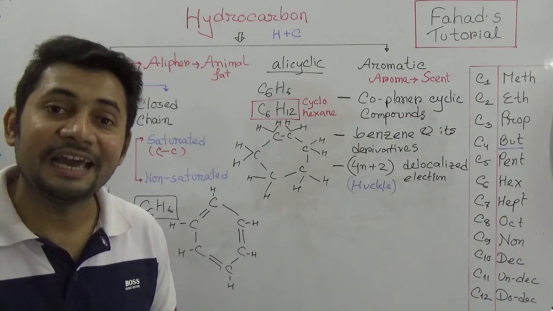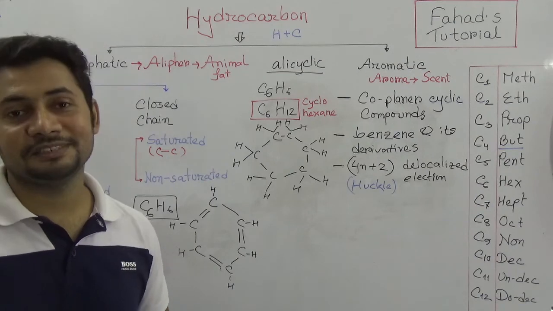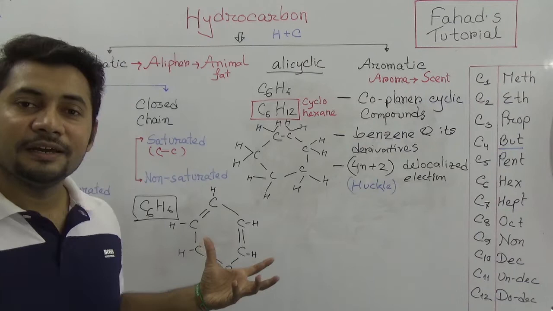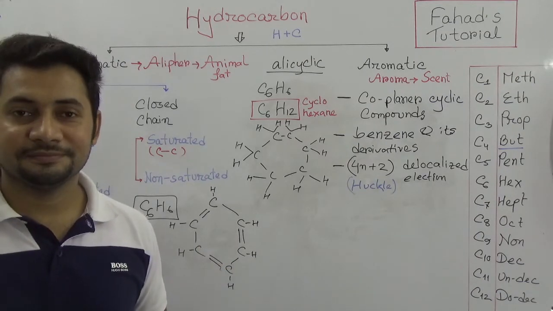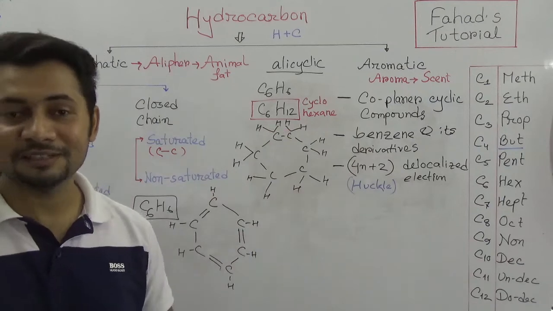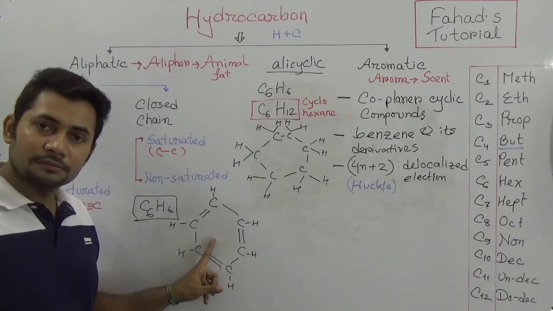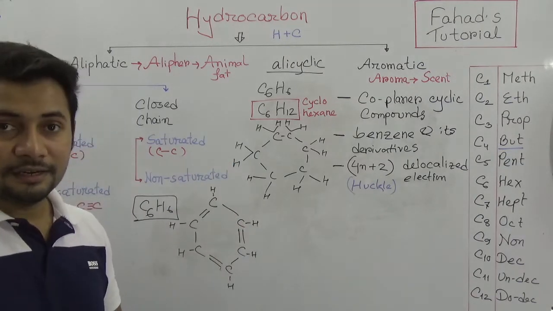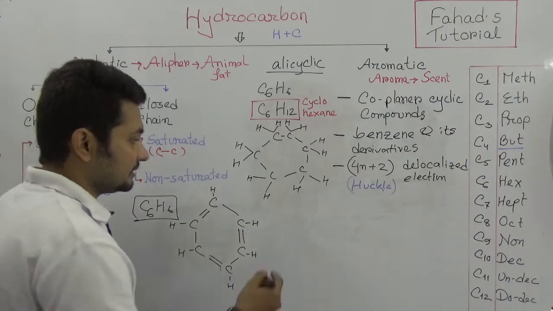So benzene and the benzene derivatives compounds are called aromatic compounds, and these are actually beautifully smelled, and that is why it's called aromatic compounds. But not all compounds are beautifully smelled, some of them. So this is benzene, and if you see that another structure is added with this, something like that.